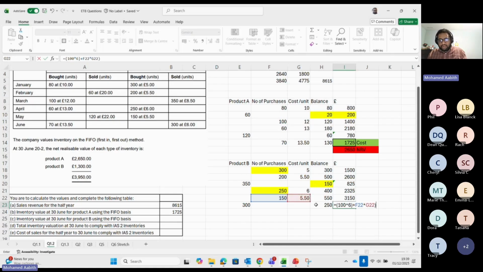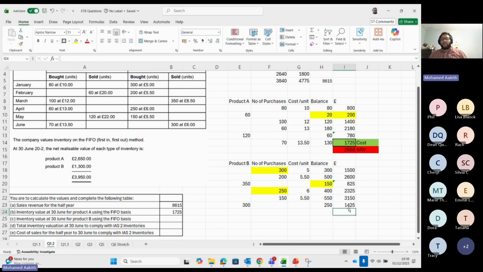Let me bracket it because when I do brackets, things tend to go well. So the one I'm left with is 1,425 pounds. What we call this? This is the cost. And the next one is we have 1,300 pounds as NRV. So we keep that two numbers here. This is cost. This is NRV for product B.